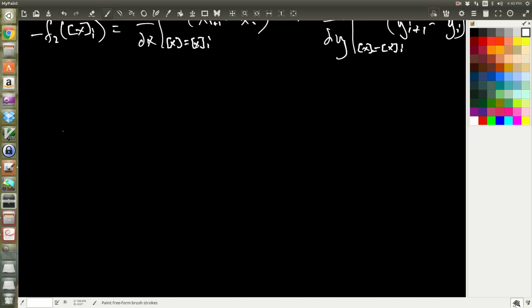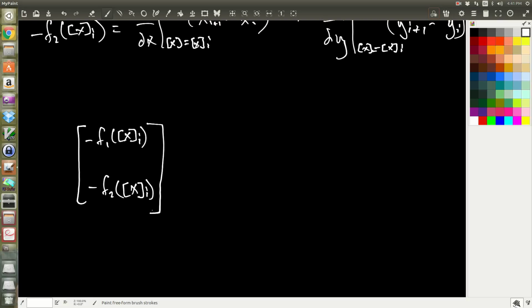So I get some vector that has this f1 evaluated at xi, the negatives, and then f2 evaluated at xi.